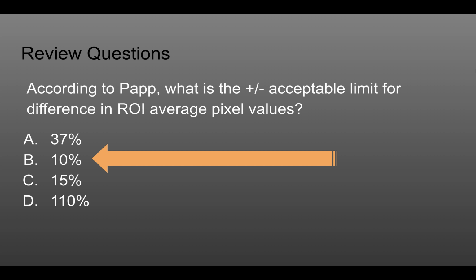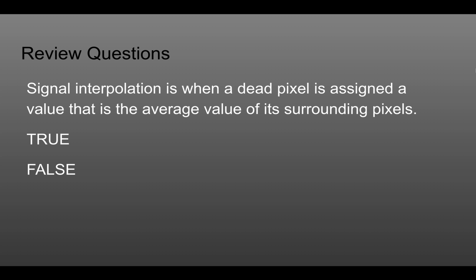B is correct. Lastly, signal interpolation is when a dead pixel is assigned a value that is the average value of its surrounding pixels. True or false? If you guessed true, you got it.